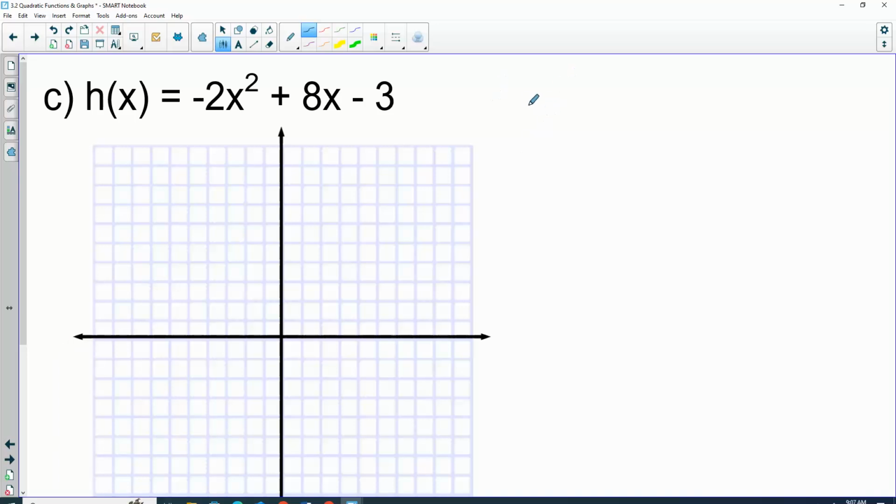So to find our vertex, x equals the opposite of b, so that would be -8 over 2 times a, which is -2. Okay. Plug that back in to get our y.